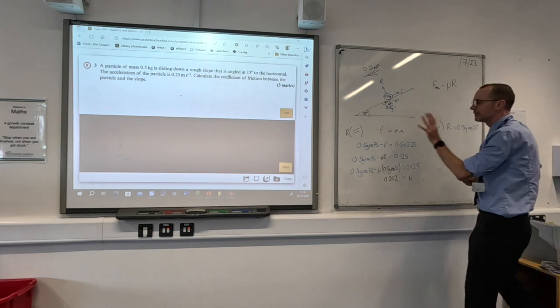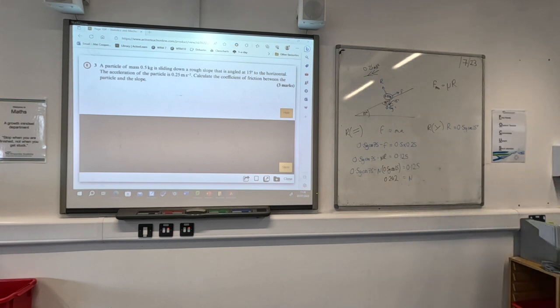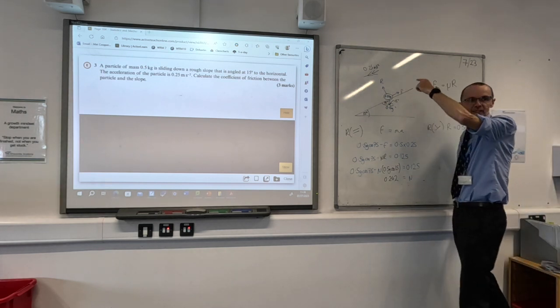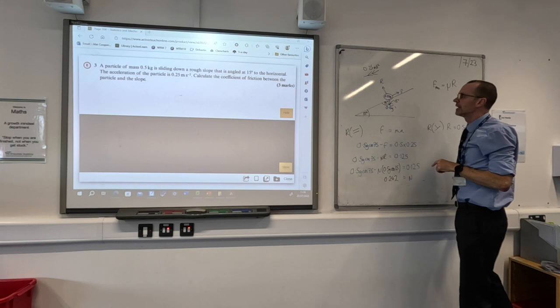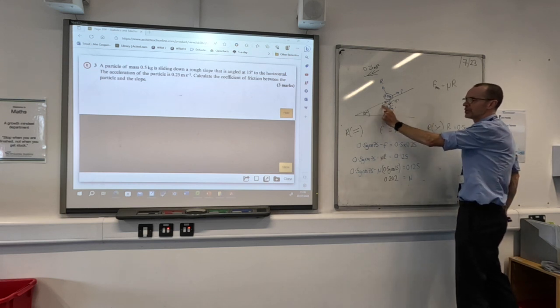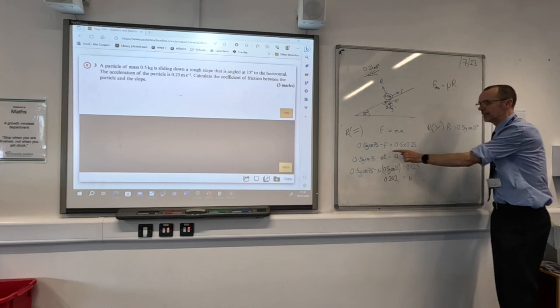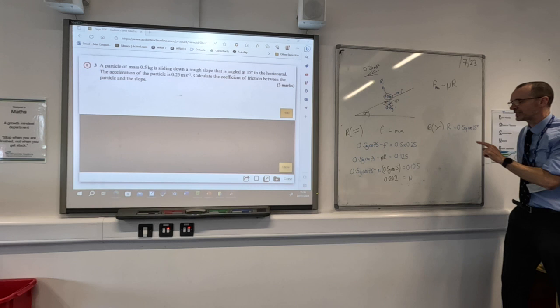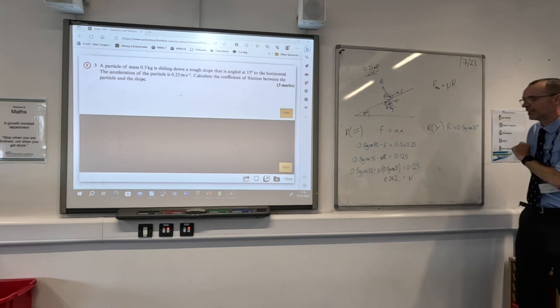So I moved here now to resolving parallel to the slope, and I had F equals ma then because it was moving. So I said down the slope was positive. So the force pulling it down the slope is the component of that, 0.5 g times the cos of 75. That's being held back though by friction, and that's equal to mass times acceleration.